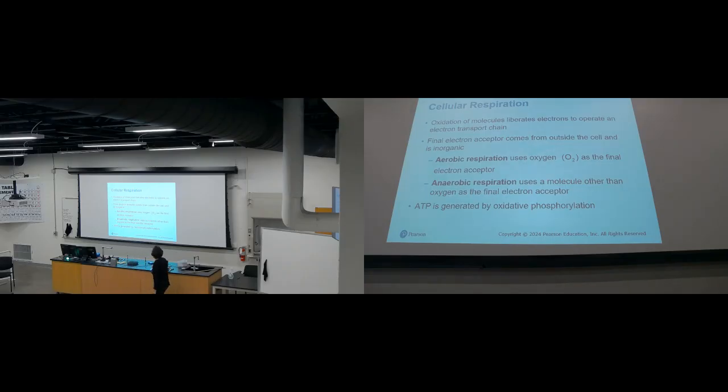The point, no matter if the microbe uses aerobic or anaerobic respiration, is to generate ATP, and that ATP is generated through oxidative phosphorylation. Now, some microorganisms are purely aerobic, others are purely anaerobic.